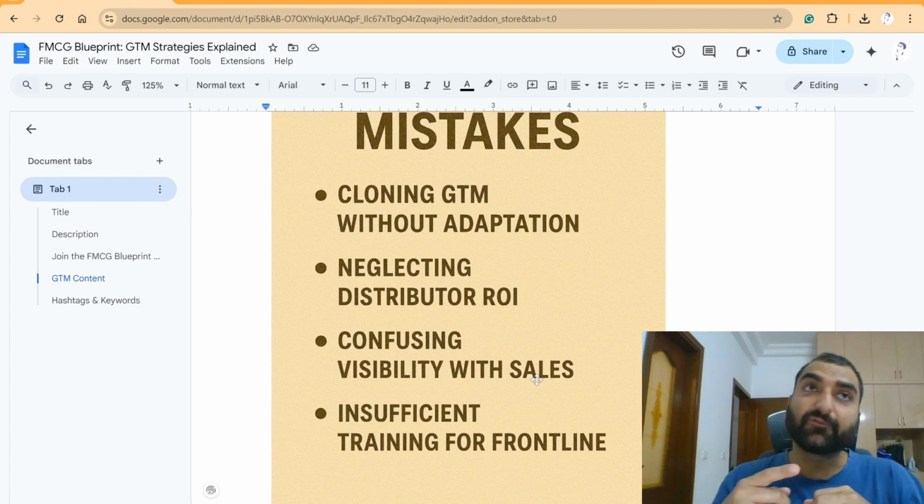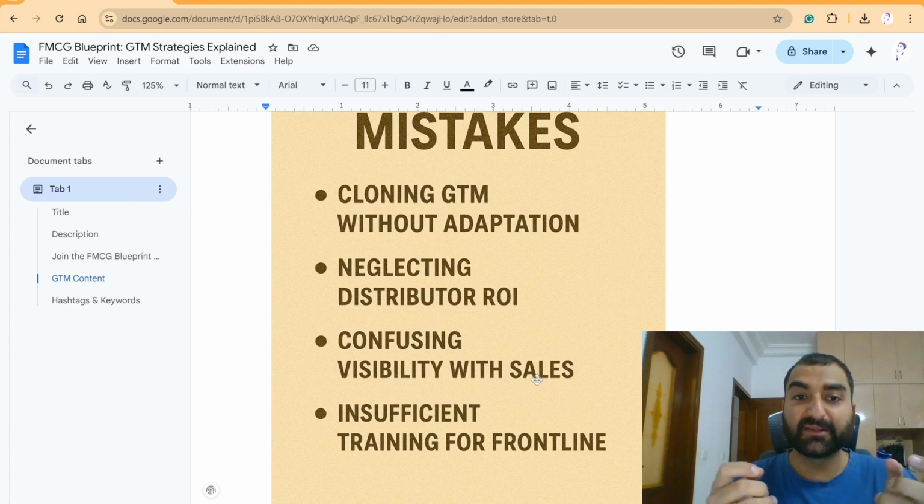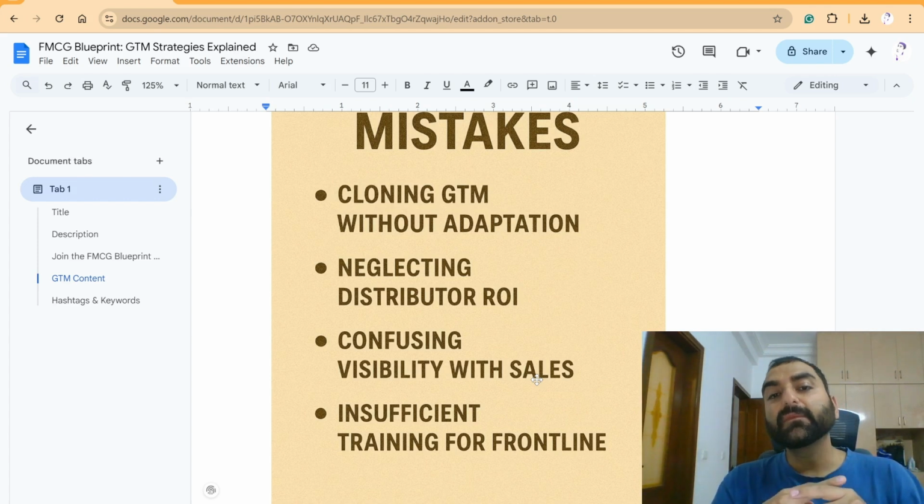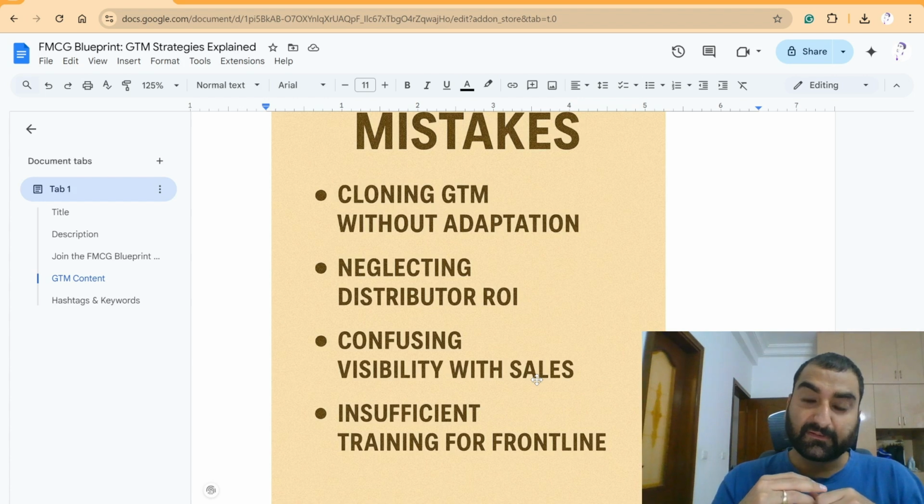So you need to check when was the last time that particular store was billed, what is the exact quantity it was billed with, and how many pieces have moved out of the product. It will give you an idea whether it is really selling or it's just visibility, right? And then the last thing is proper training.